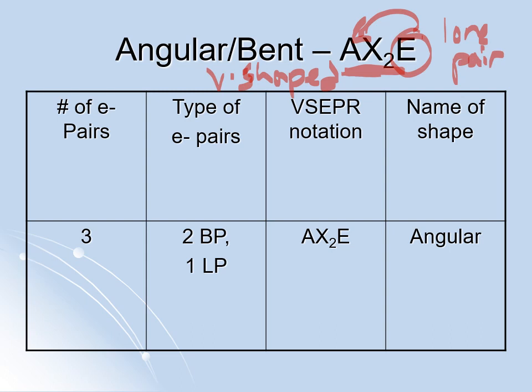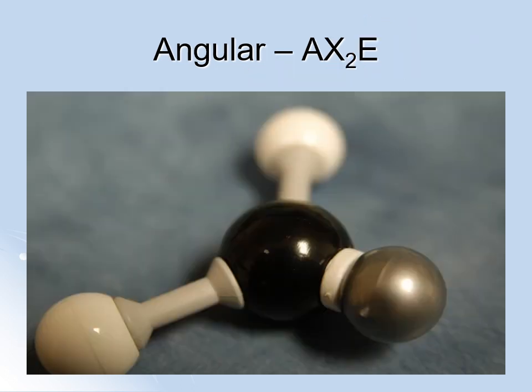So these all kind of refer to what's happening around the central atom. It's saying that there's 3 things around the central atom, 2 of them are bonded pairs, 1 of them is a lone pair. So there's our central atom, there's our 2 bonded pairs, and there's our 1 lone pair. And this we can call angular, V-shaped, bent, any of those are good.